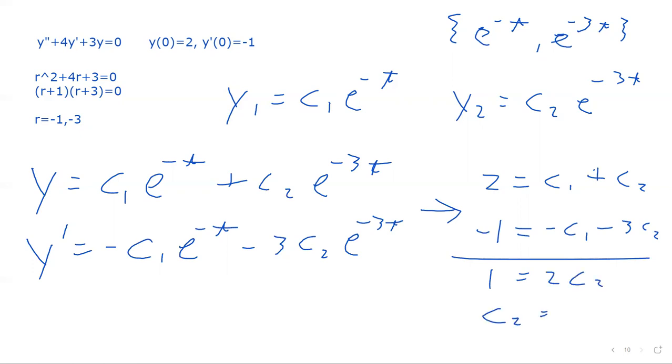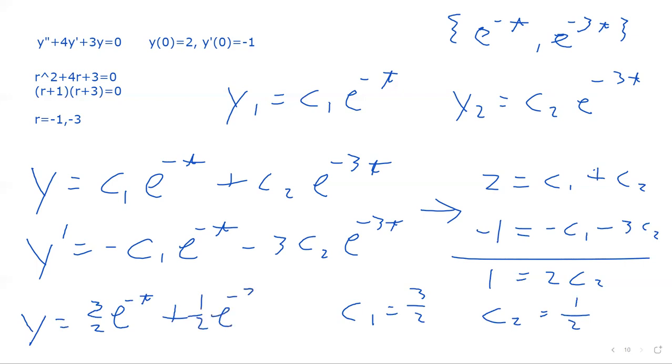So C2 equals 1/2. Using our top equation, we can see that our C1 is going to be 3/2. So our overall equation for this is 3/2 e to the -t plus 1/2 e to the -3t.